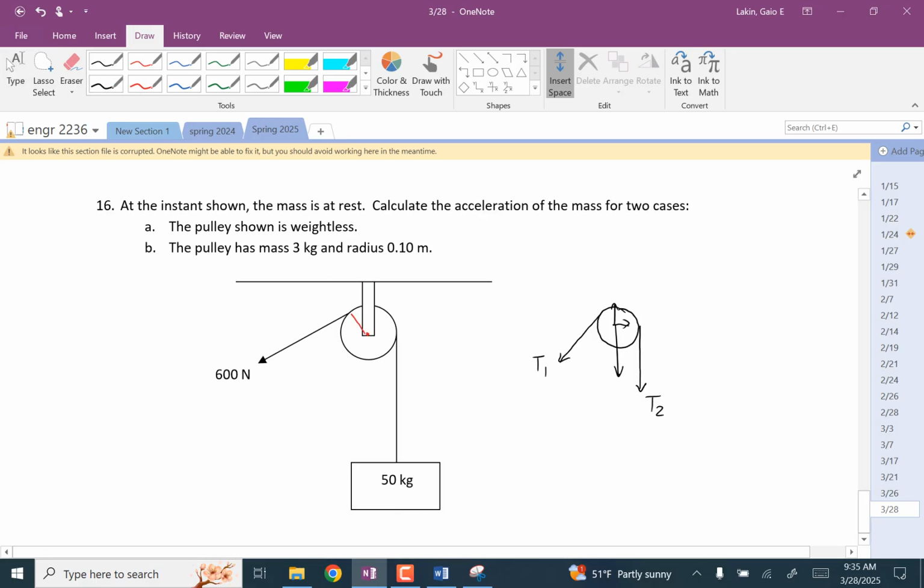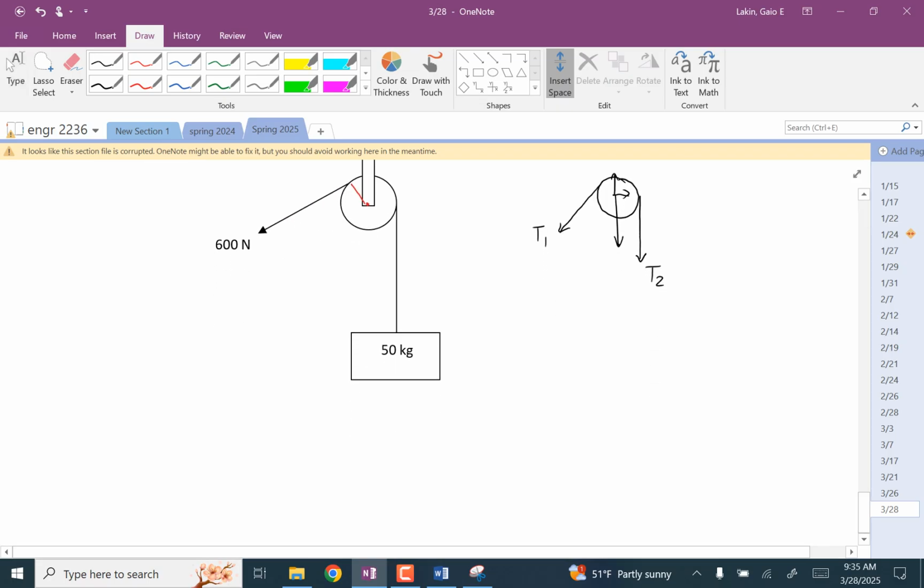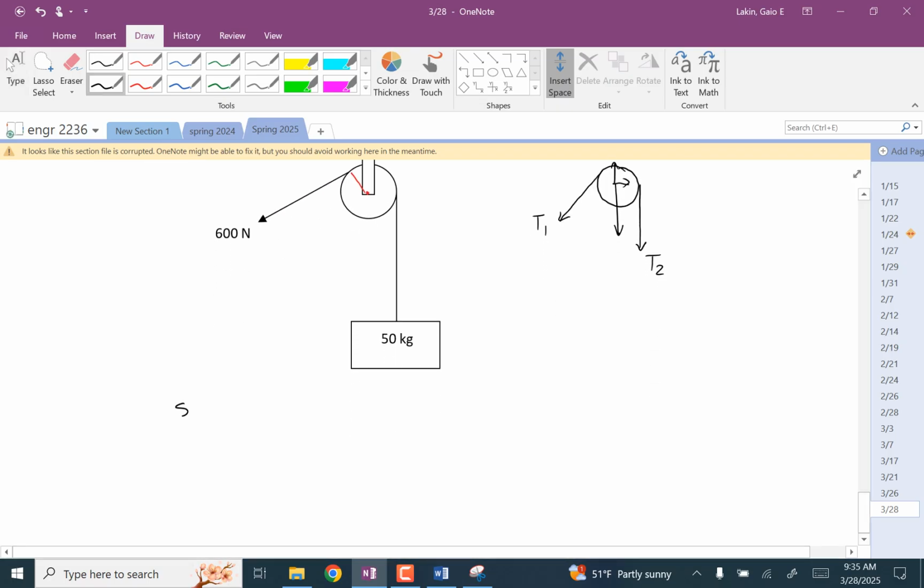Okay, so the angle doesn't matter. So might as well think of it as vertical or whatever. So the angle of the 600 Newton cable doesn't matter.